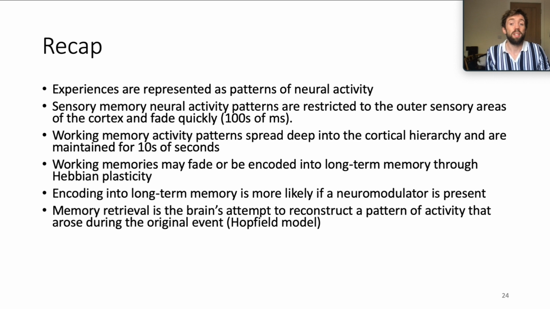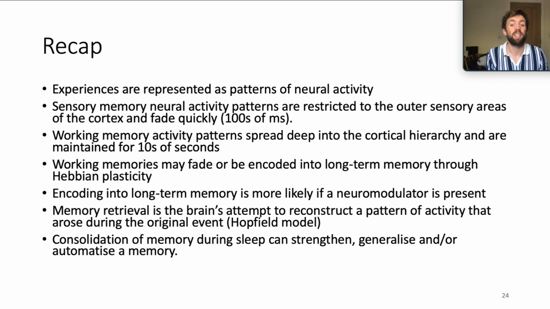Memory retrieval is the brain's attempt to reconstruct a pattern of activity that arose during the original event. We went briefly over a classic model called the Hopfield model, which simulates this process. And we learned that consolidation of memory during sleep can strengthen, generalize, or automatize a memory, and how that may correspond to changes in the anatomy of where this memory is stored.